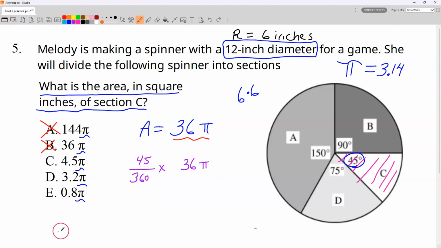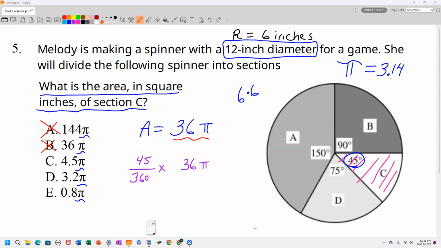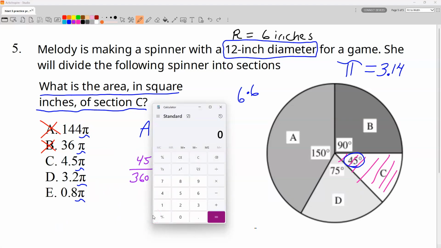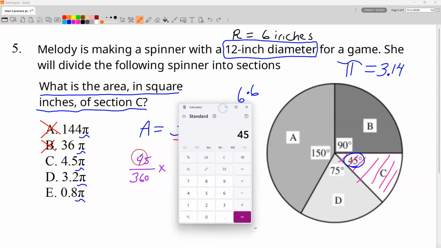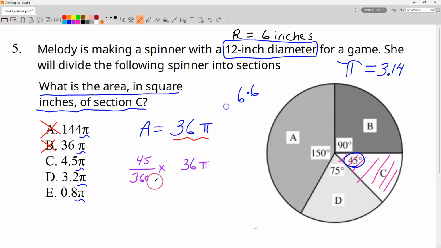But let's just change this 45 out of 360 to a decimal. So it's 45 out of, or divided by, this means divided by 360. And that equals 0.125. Again, you have access to a basic calculator. So I'm going to replace this 45 out of 360 with 0.125 times 36.